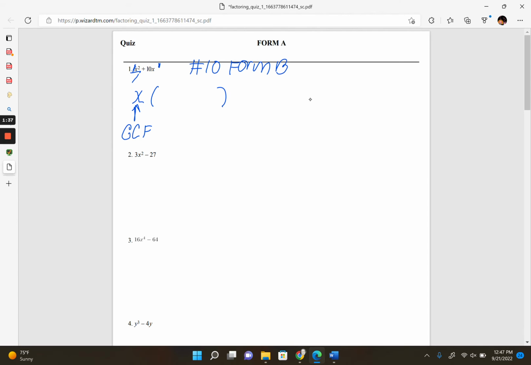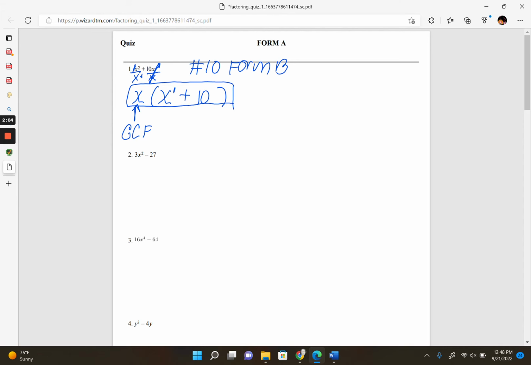Divide by x, divide by x. So x squared divided by x, when you divide, you subtract exponents. We're left with x to the first, if you want to write it, plus, and remember, anything divided by itself is 1, so we're left with 10. And that's your final answer.